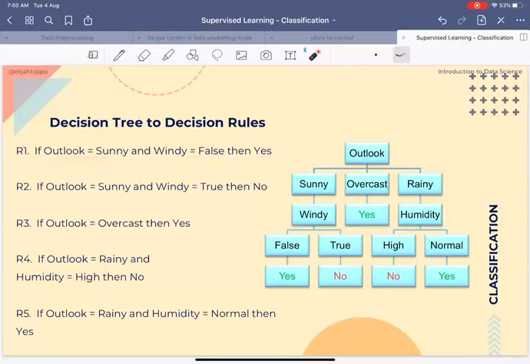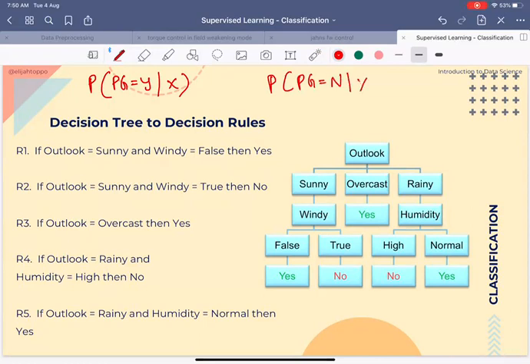For naive Bayes, at least you have to evaluate the term, right? So in this case, you have to evaluate something like this. What is the probability of playing golf equal to yes, given the data that we have? And you also have to evaluate the probability of playing golf equal to no, given the data that we have.